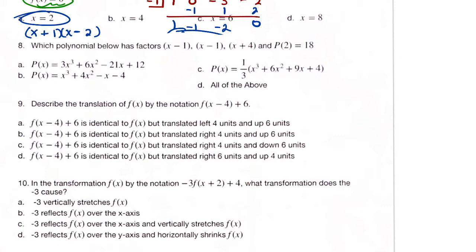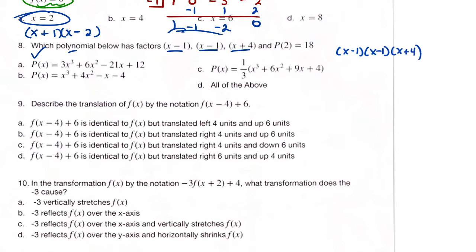We can make this thing a little bit bigger. So here are our factors that make up this polynomial p of x, and if we want to find out what the polynomial is, all we have to do is remultiply it. So we've got to multiply x minus 1 times x minus 1 times x plus 4.